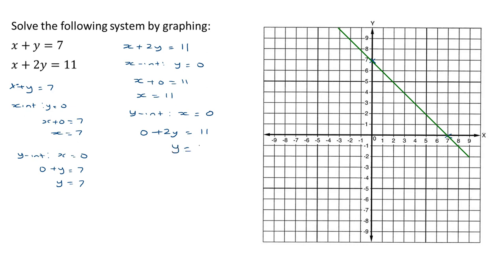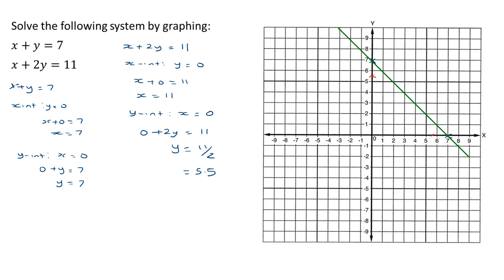So y is 11 over 2, which is about 5.5. So we're going to draw that in red. So 5.5 is right about here for y. And x is going to be about 11, which we don't have on the graph, so we're going to try some other points.